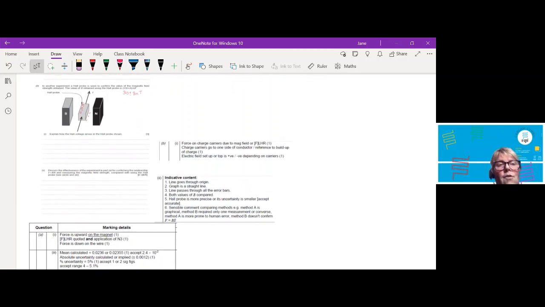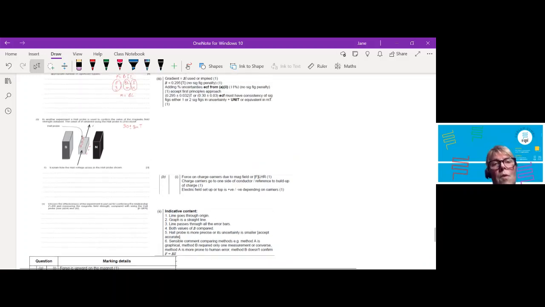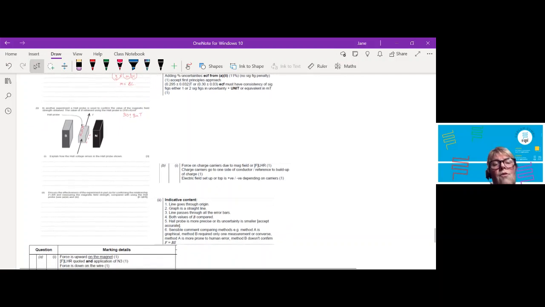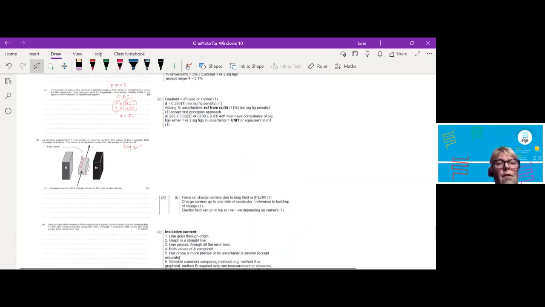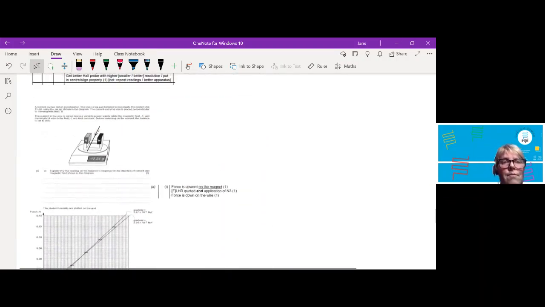Discuss whether F equals BIl is valid, and you've got to relate it to your graph, whether the lines all pass through the error bars, whether the lines straddle the origin, and comparing the values.